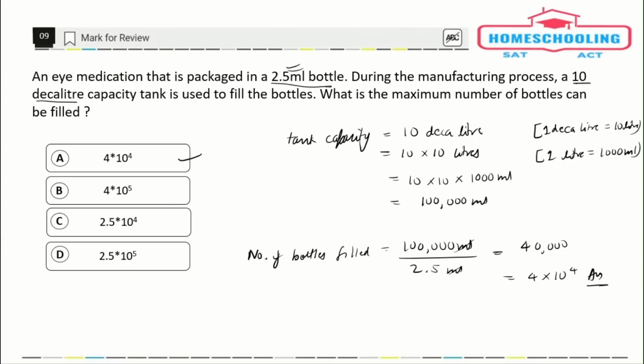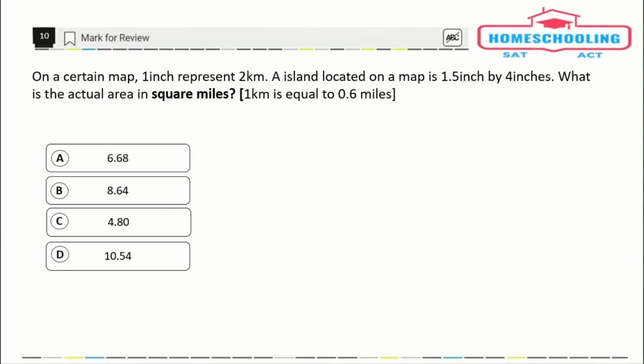Now let's move on to the last question. The last question says that on a certain map, 1 inch represents 2 kilometers.